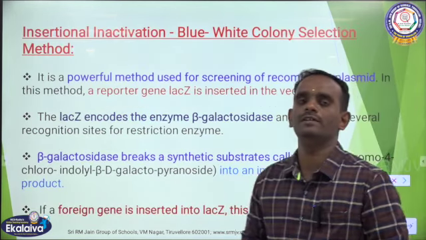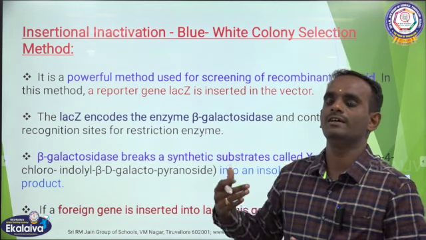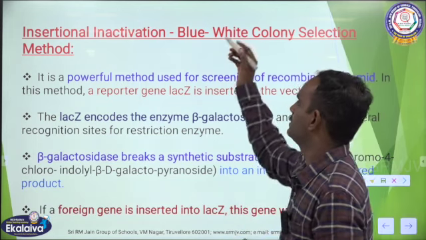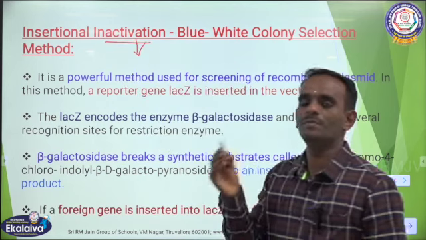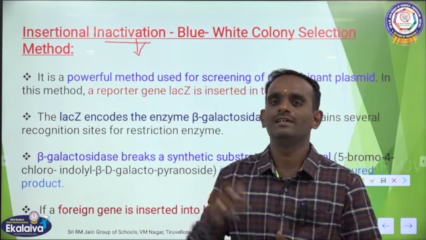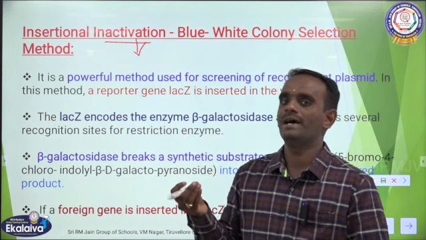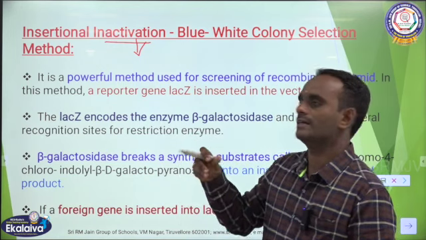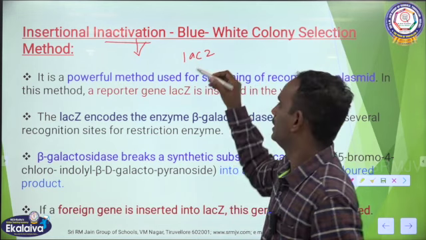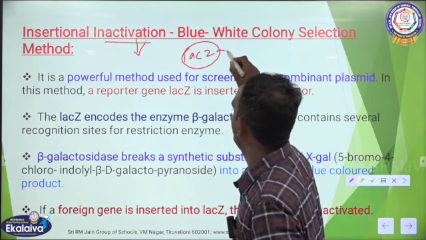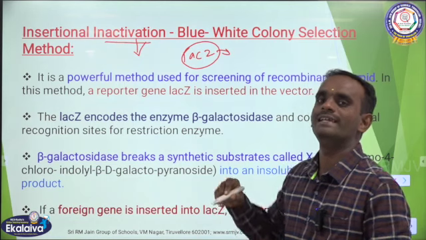The first method for screening of recombinants is insertional inactivation. You know the meaning of activation. Here, inactivation happens by inserting a gene into the LacZ gene, so the particular vector or rDNA is inactivated.